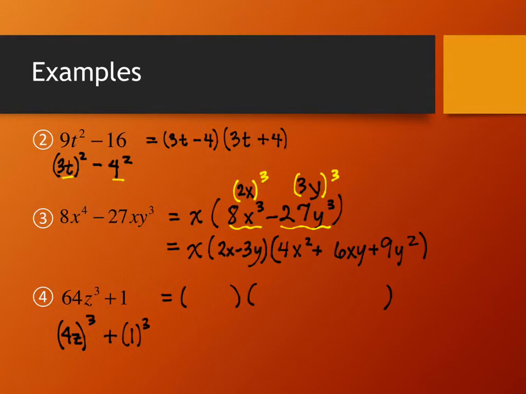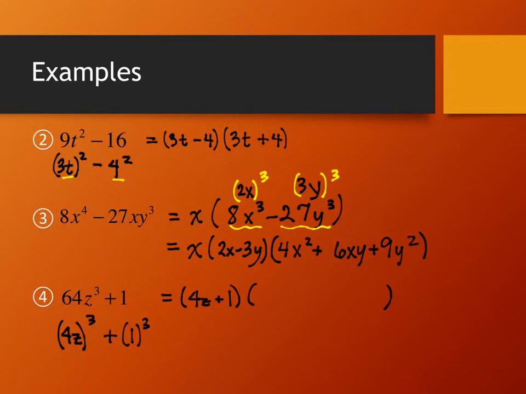The binomial takes each of the pieces that I have, in this case 4z and 1, and the sign will match, which means the sign is a plus, right? It's addition, because the sign in the 64z cubed plus 1 is addition. On the other piece, in the first spot and in the third spot, I'm squaring things.